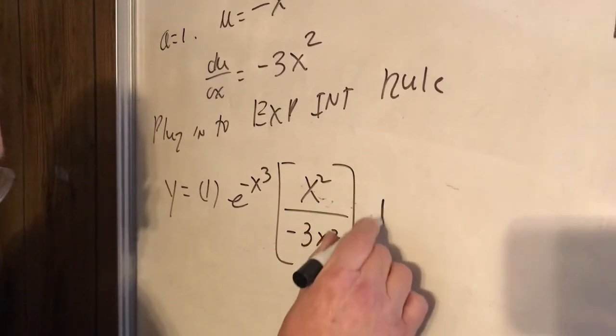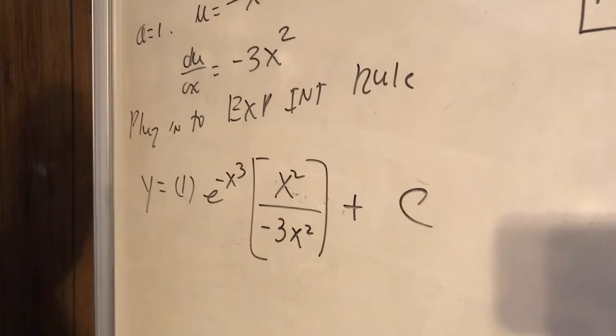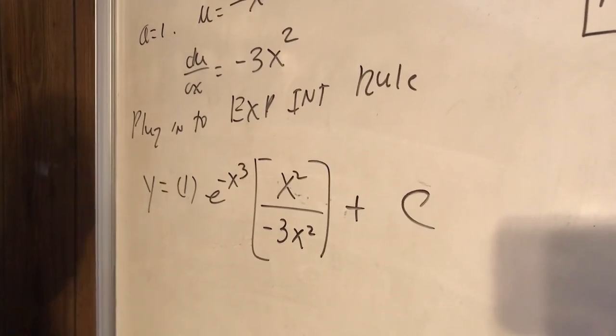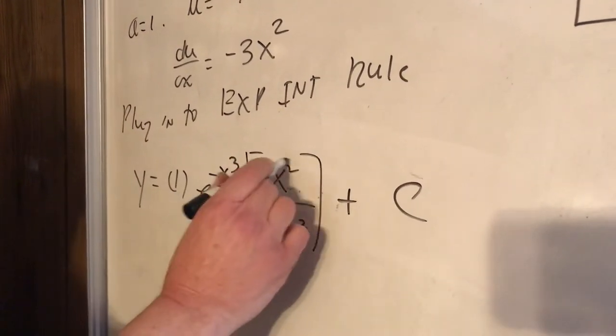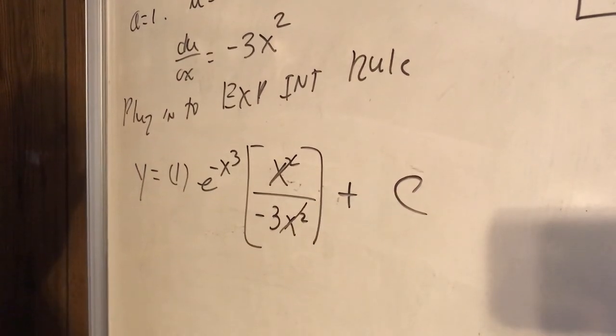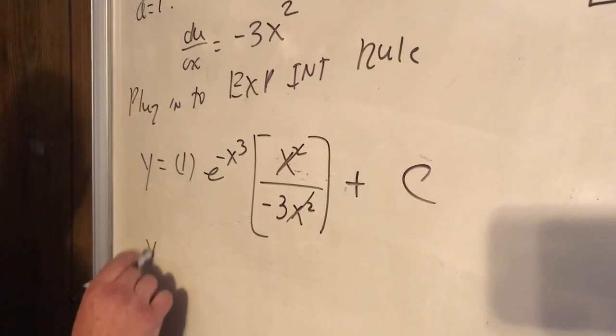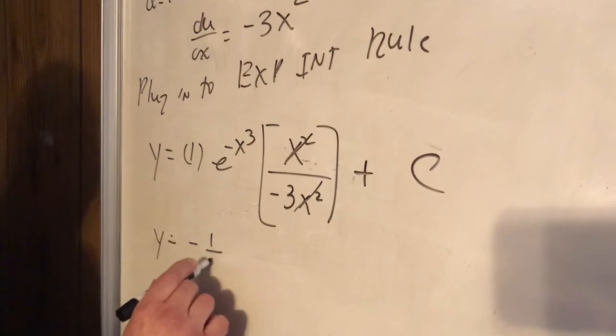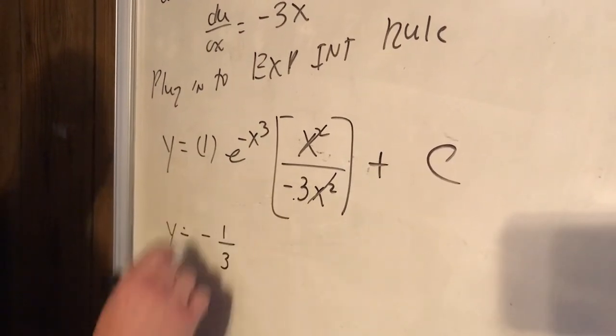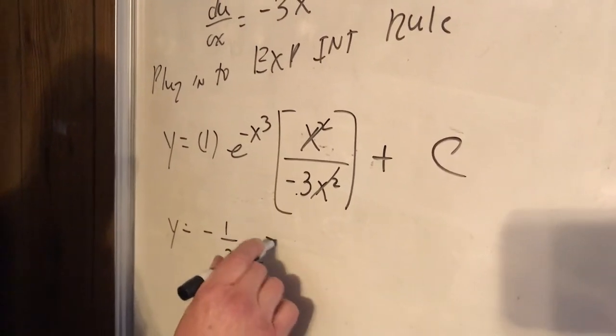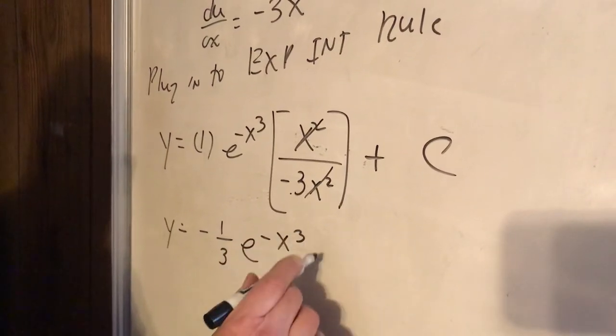Okay, so the x squareds cancel. That's good. And you're going to have here y equals minus 1 over 3. Don't forget there's a negative here, and that's the denominator. E to the minus x third plus c.